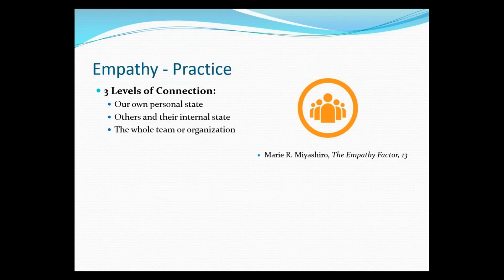Start out the meeting by asking people to, one of the simplest methods of check-in is to just say, on a scale of 1 to 10, how present are you at this meeting, or how much energy are you bringing into this, or that kind of thing. And then there's the whole team, of course, and the organization. And so we're connected on these 3 levels: to our own self, to others and their internal state, and to the whole team.